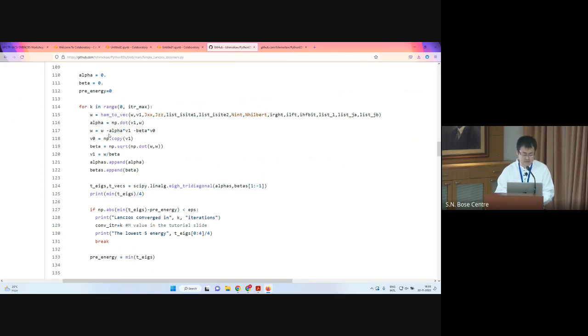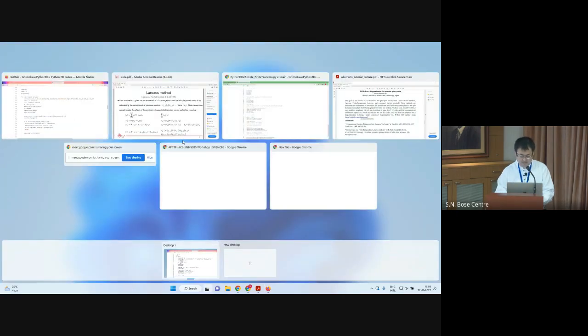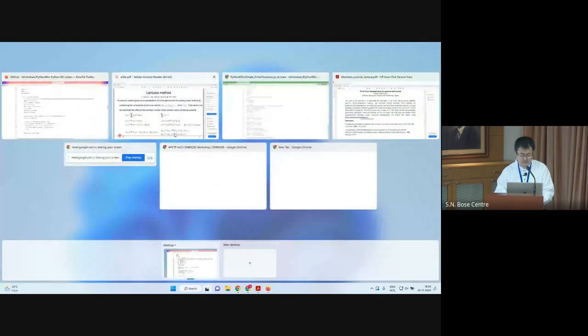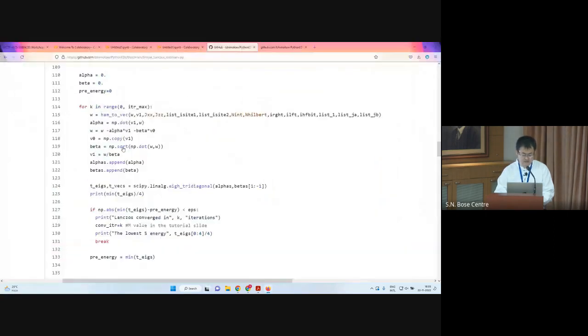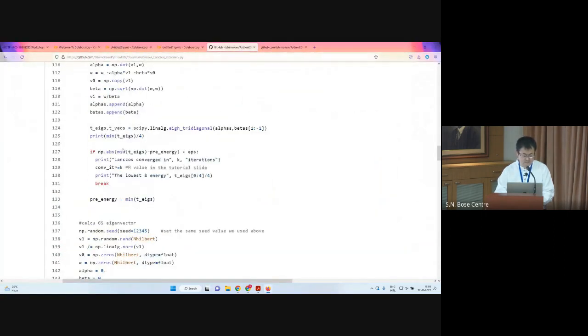That will be done by subtracting alpha V1 and minus beta V0. Now the beta is just 0. What I wrote here is completely the same procedure as I wrote on page 15 in my lecture notes. So I think you can understand it when you have time.